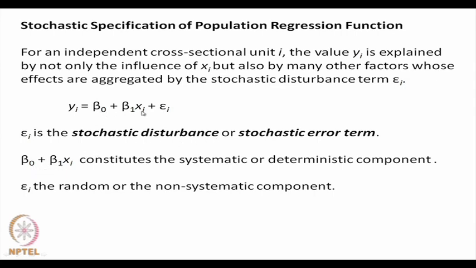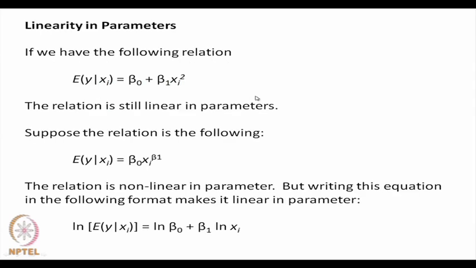Beta 0 plus beta 1 xi constitutes the systematic or the deterministic component, and epsilon i is the random or the non-systematic component, and i is for every cross sectional unit i or the subject i. Once again, suppose that we have a relationship of this type, this is still linear in parameters, and if the relationship is of this type, by taking log it is linear in parameters.